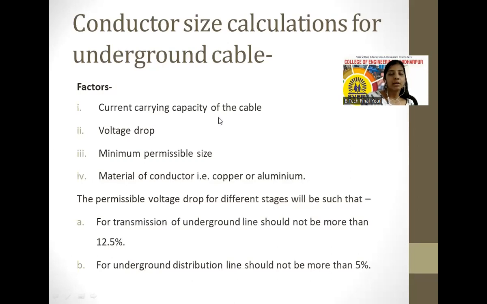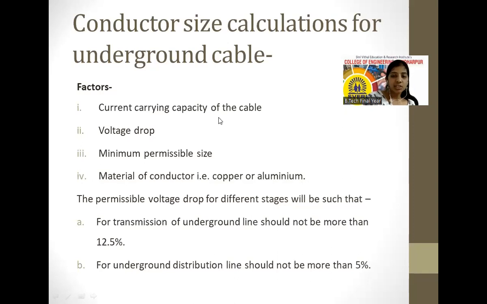For carrying that much amount of load, high voltage lines are going through underground, so 11 kV, 33 kV, like that. So we have to consider the voltage drop of 12.5% of that voltage level.